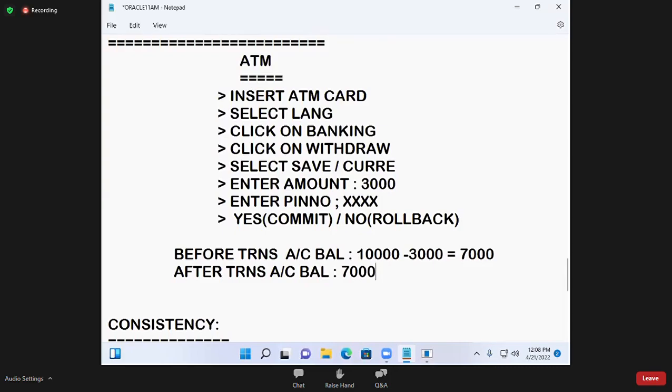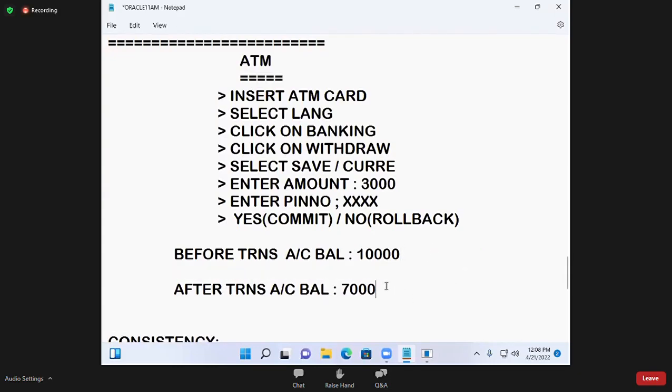Now you can calculate. This is the total amount, which is the balance before the transaction. After the transaction, your balance amount is 7,000, and the withdraw amount is 3,000. Now you can check it.